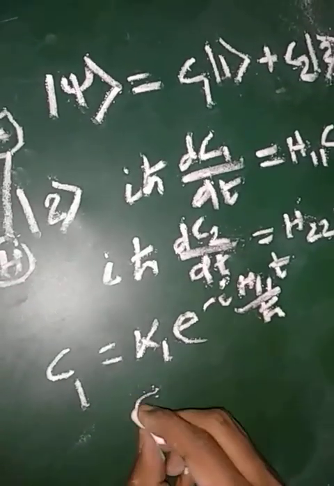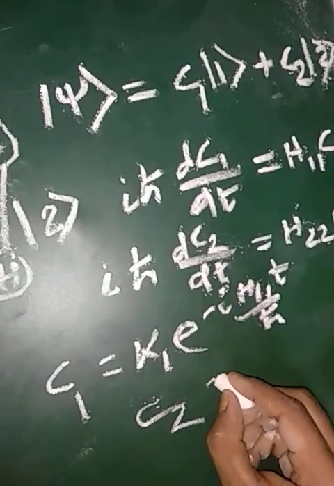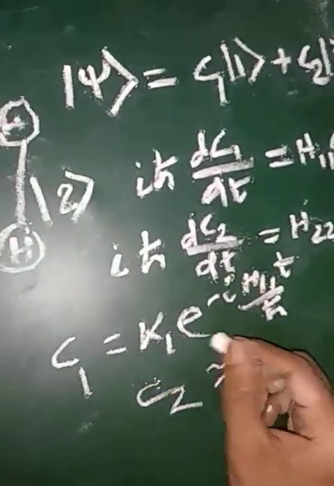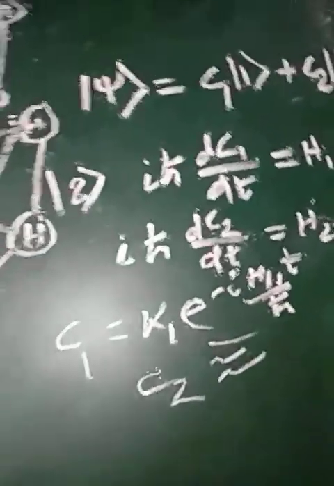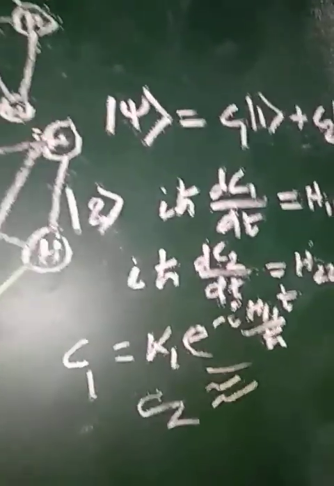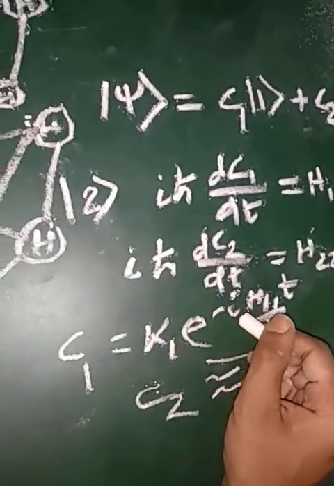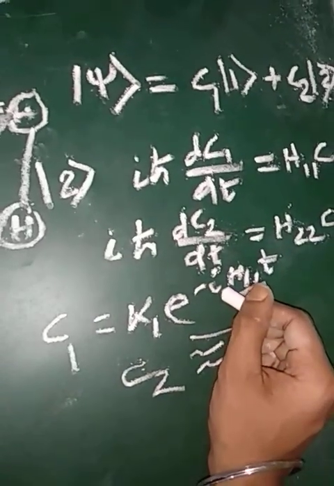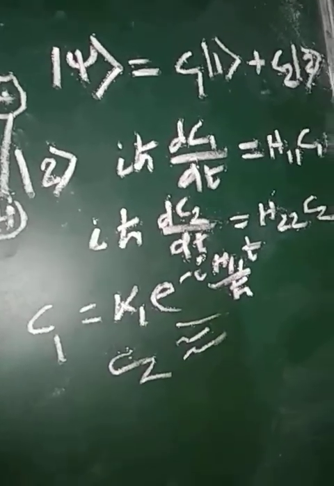Similarly for C2, we will have such an exponential equation. These exponential equations carry with them i, and they will also be oscillatory.